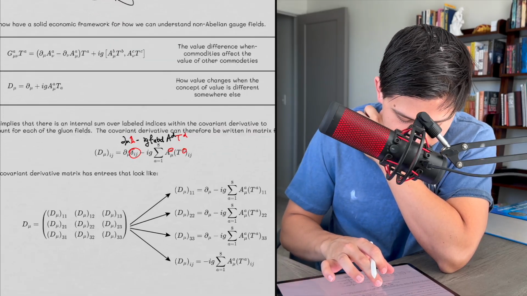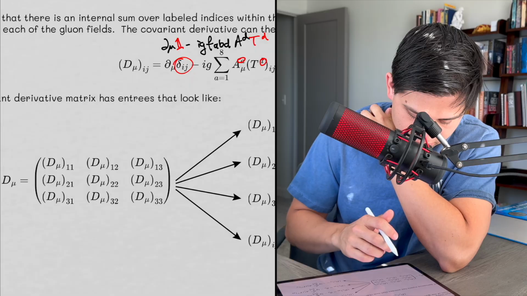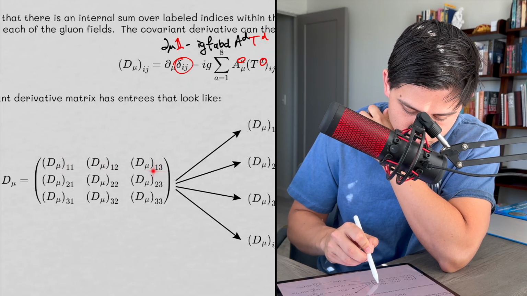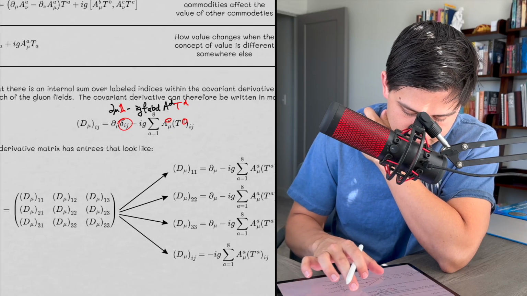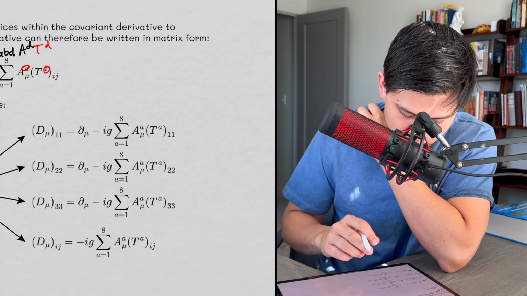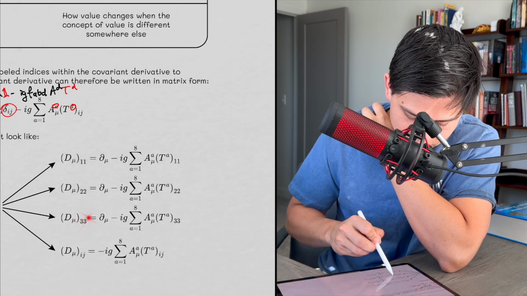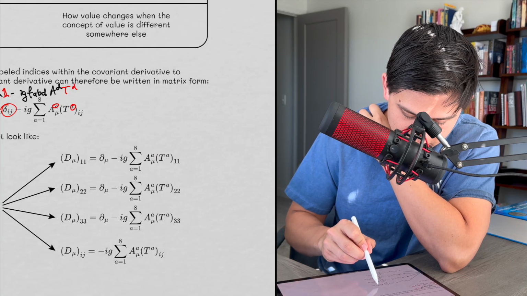Our covariant derivative matrix has entries that look like this: 1, 1, 1, 2, 1, 3, 2, 1, 3, 1, and so forth. This is what all of them look like. These entries, 1, 1, 2, 2, 3, 3, are going to be the diagonals.